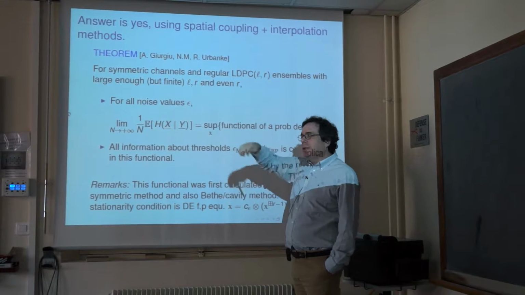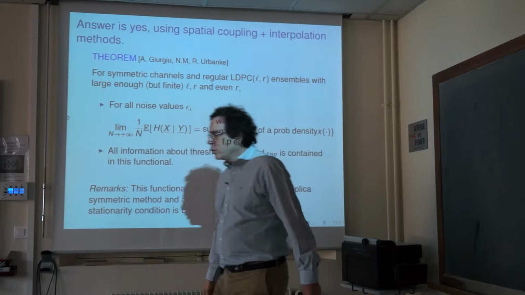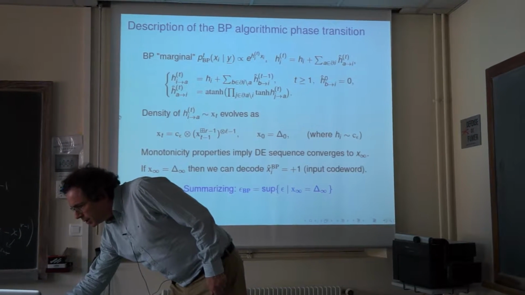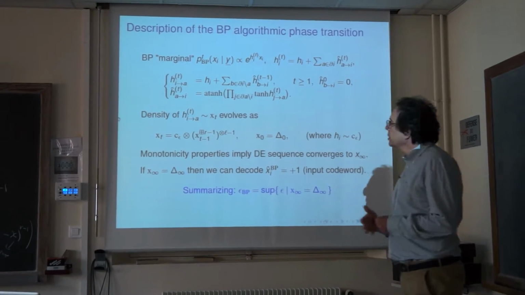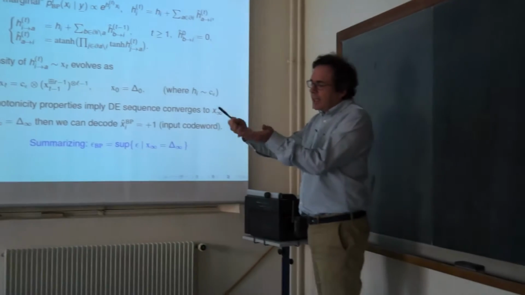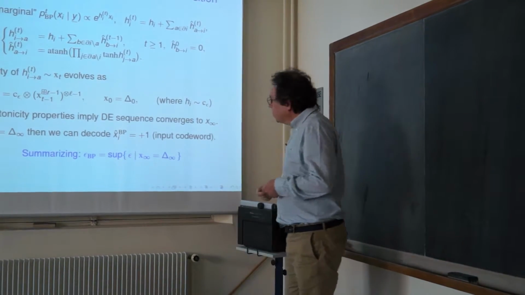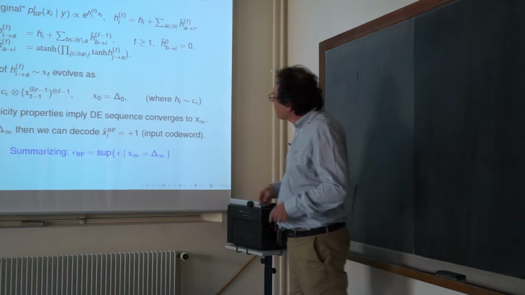I just use them to prove something about the uncoupled ensemble. Before I go, I have to introduce a few tools. Since the result has nothing to do with spatial coupling, spatial coupling will come around the 10th slide, I'm sorry. So I hope I get there.